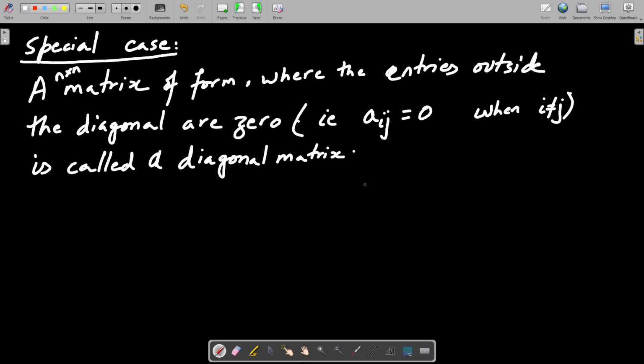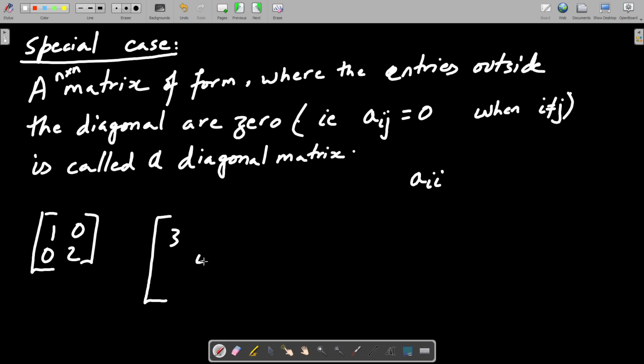Diagonal entries are what, by the way? Diagonal entries are aii. Okay, so this is basically the elements which lie on the diagonal of a matrix. So if you have a 2 by 2 case, the diagonal is this a11 and this a22, right, and the entries outside that are 0. Then next is the 3 by 3 case, you'll have 3, 4, 7 on the diagonal and 0 everywhere else.